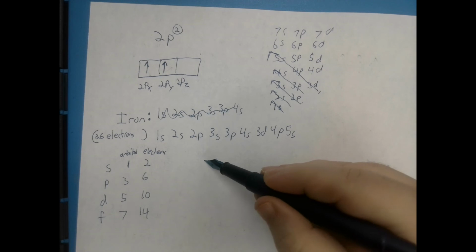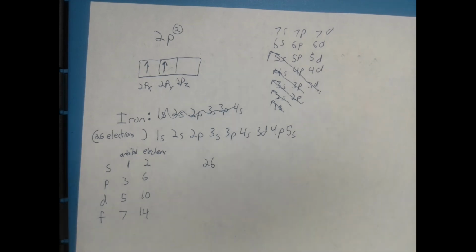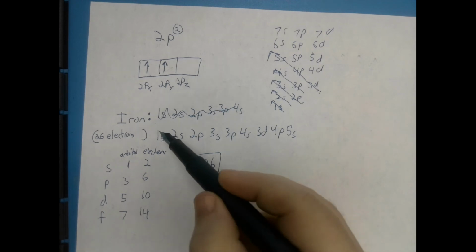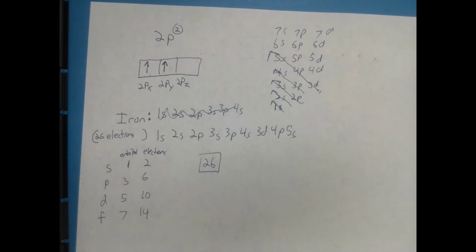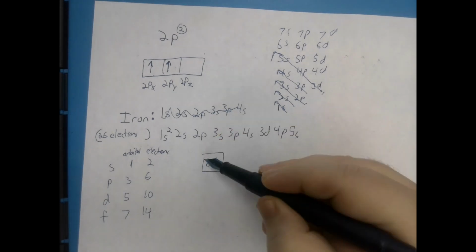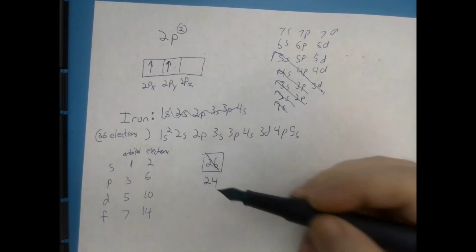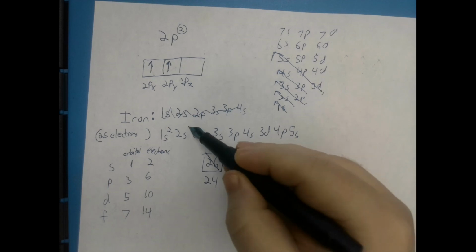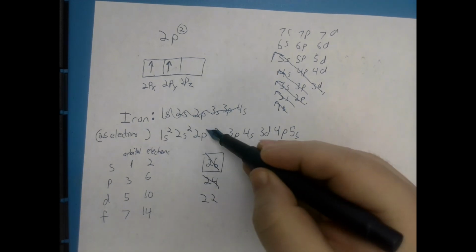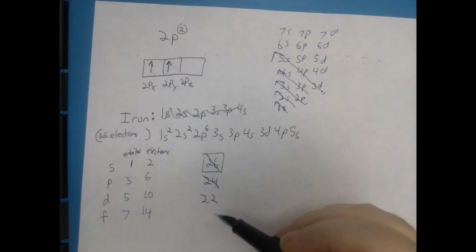So we have 26. This is the amount of electrons we have, and we're going to fill this up until we run out. So I'm going to add 2 here. That gives us 24 left. 2 here, 22 left. 6 can go in here.